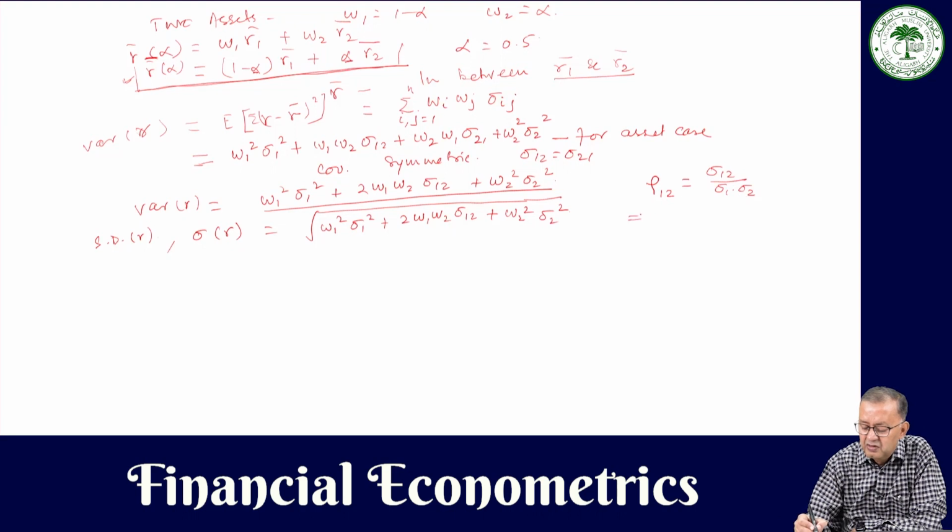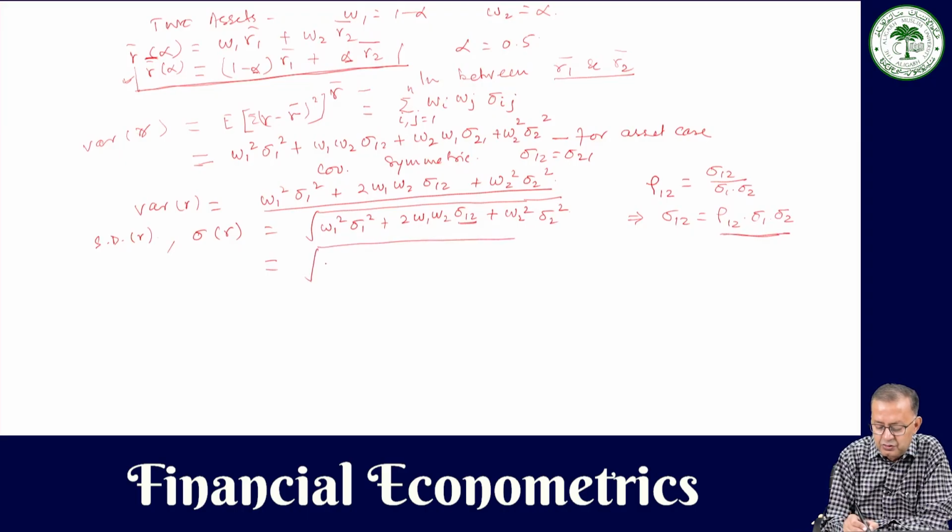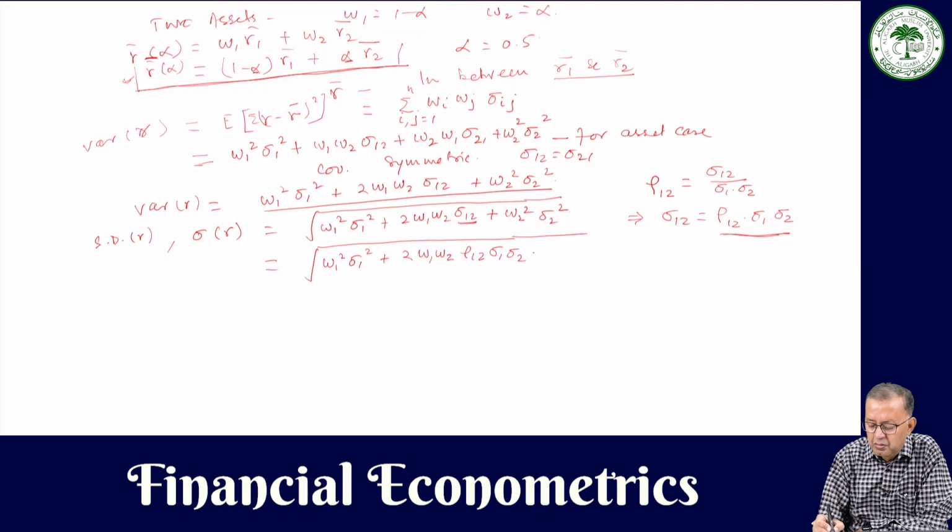So from here you can find sigma 1 2, which is equal to rho 1 2 into sigma 1 into sigma 2. We shall substitute this value over here: W1 square sigma 1 square plus twice W1 W2 rho 1 2 sigma 1 sigma 2 plus W2 square sigma 2 square.